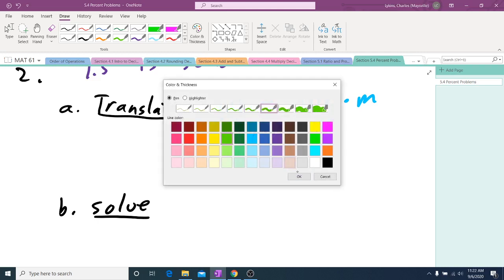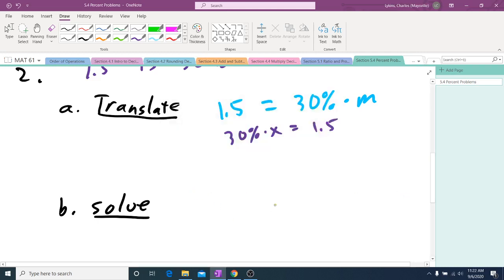Now, one thing with solving, I'm going to put a little side note over here on top. 30% is the same as you take your 30, move your decimal over 2 spots to the left, and you get 0.30.